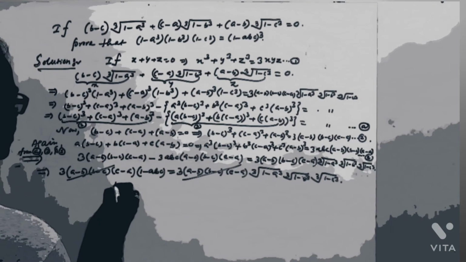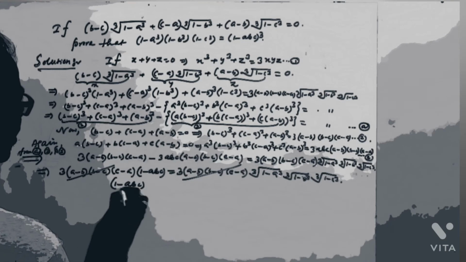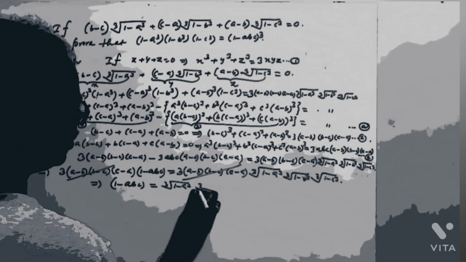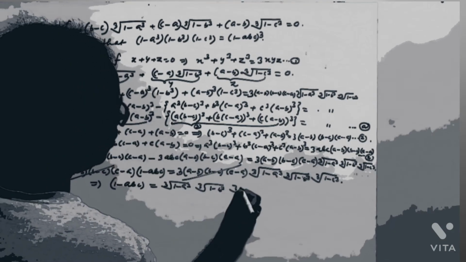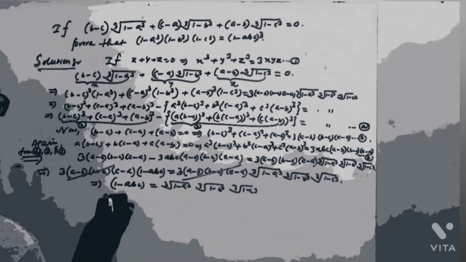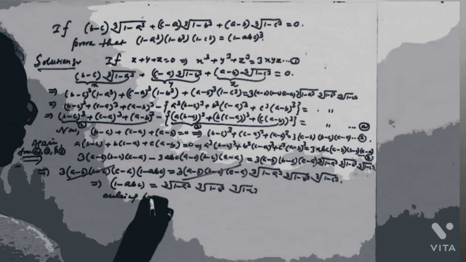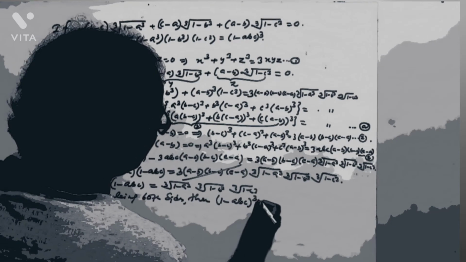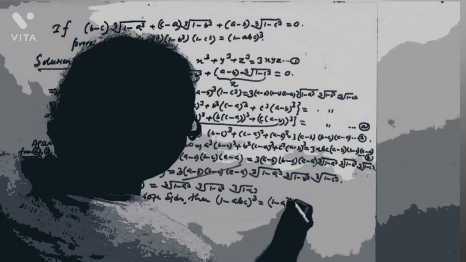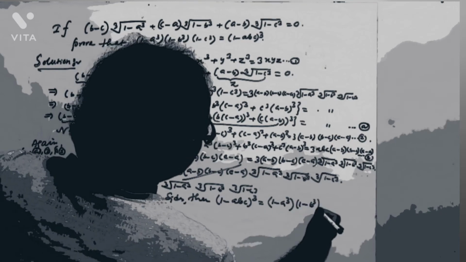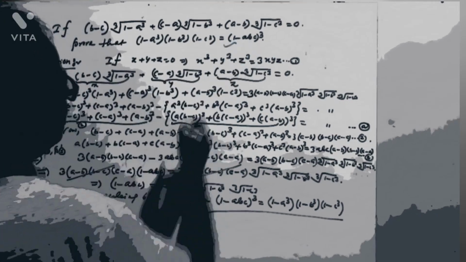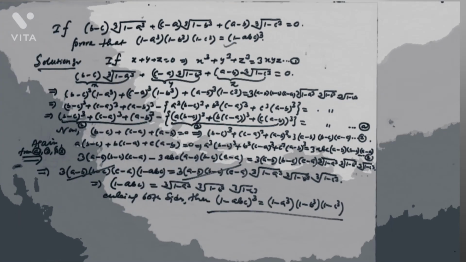So this is (1 minus abc), implies that it is the cube root of (1 minus a cube), cube root of (1 minus b cube) and cube root of (1 minus c cube). Cubing both sides, then this is (1 minus abc) whole cube equals (1 minus a cube)(1 minus b cube)(1 minus c cube). This is proved. Okay, very interesting question.